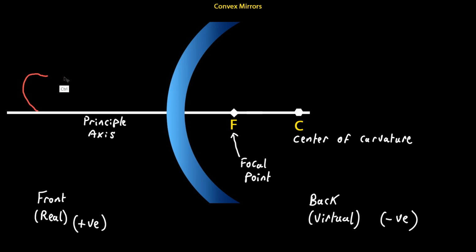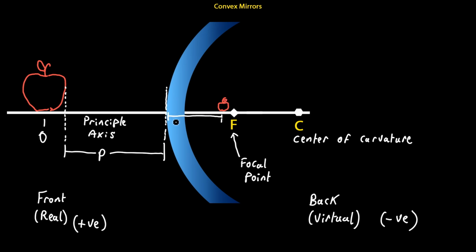If we place an object in front of this mirror now, so on the real side, the distance from our object to the mirror's surface is represented by the variable p. In other classes they may choose a different letter of the alphabet for this, but it's still the same distance. Q represents the distance from the mirror's surface to the virtual image.